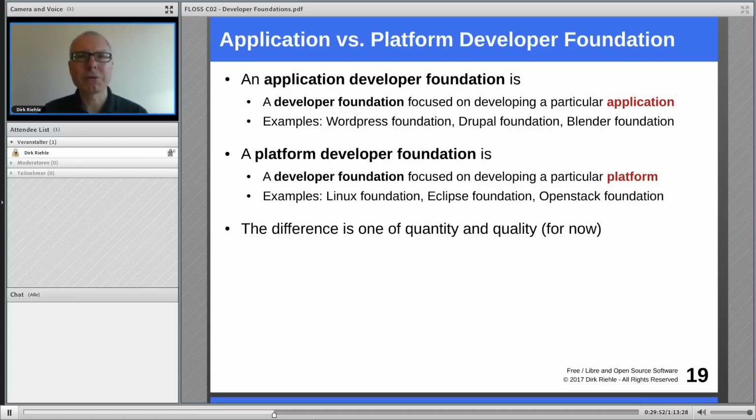The platform developer foundations, it's a matter of degree here, tend simply to be larger, more heavy-hitting in terms of the involved companies, because in the software industry, as we've discussed last time, the struggle is always about who owns the platform. Which is not to say that applications can't be viewed as platforms.